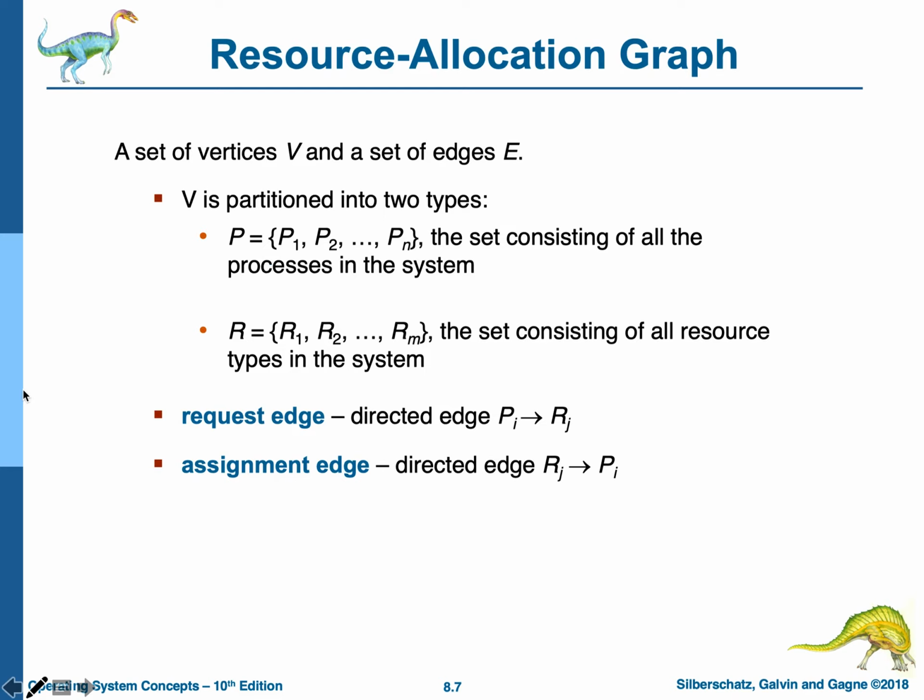Now, another thing is the resource allocation graph, and how these deadlocks can be represented. In previous slides I have shown you some representation where I was representing resources with a square, and I was representing the processes with a circle, right?